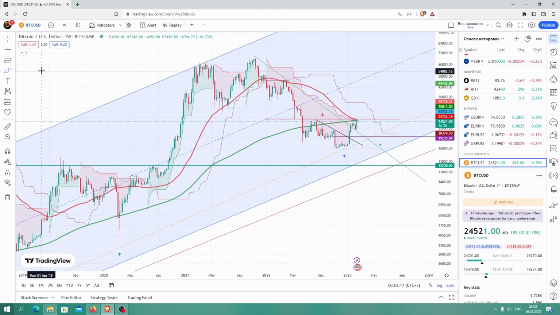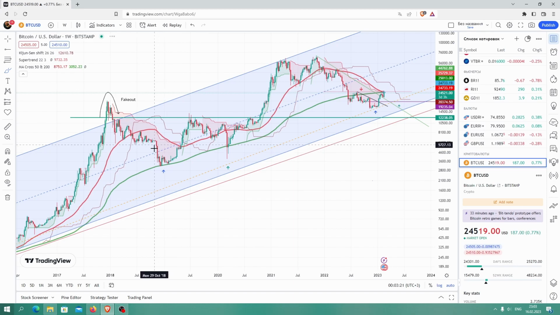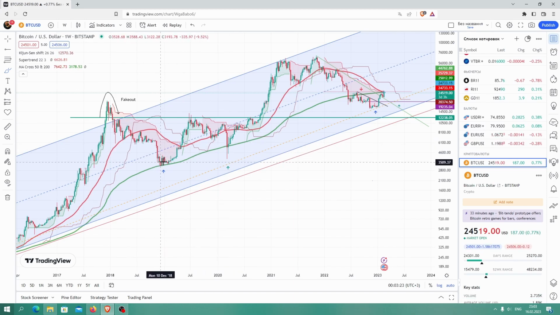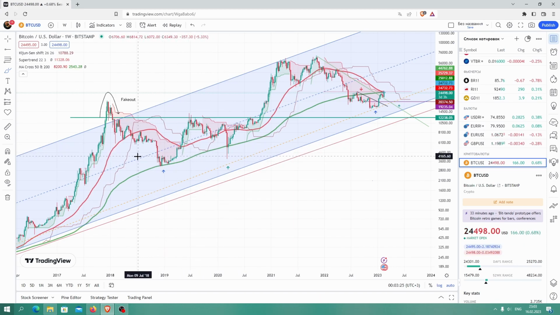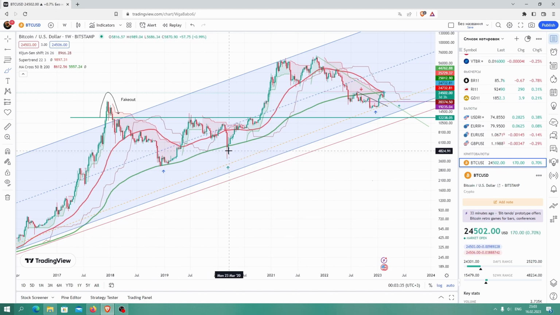So basically, in 2018, with these dumps that we had in 2019 here and here, he could catch us, because we were already very scared here, and we were talking about Bitcoin going to zero.